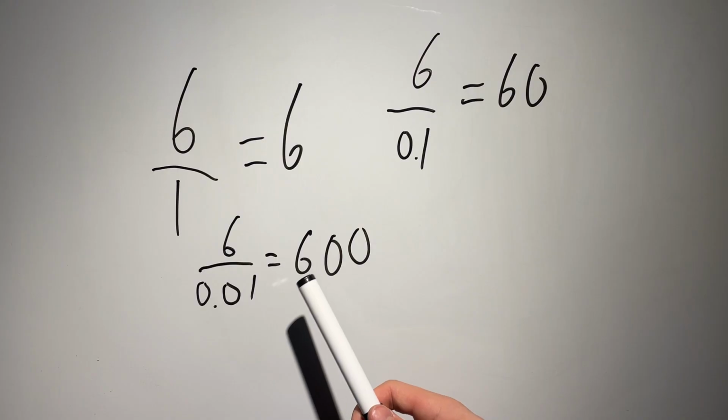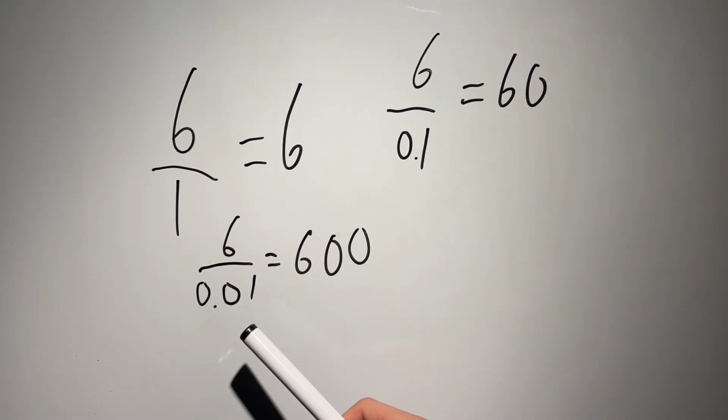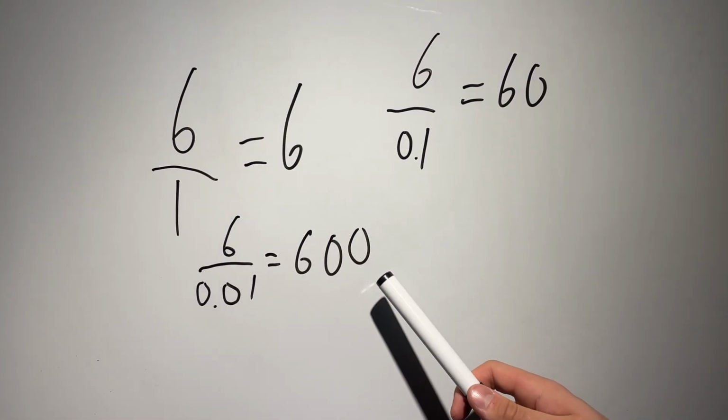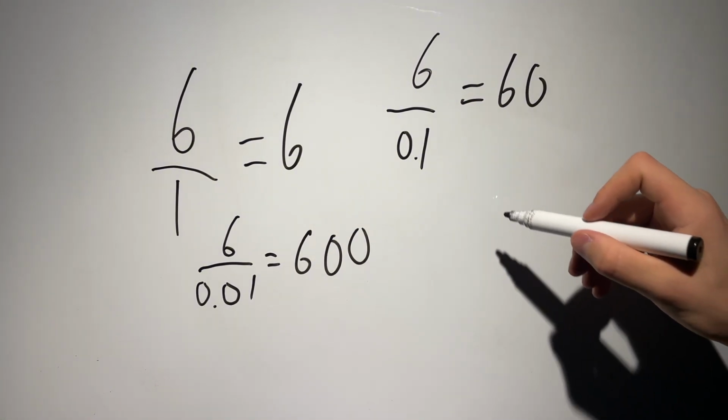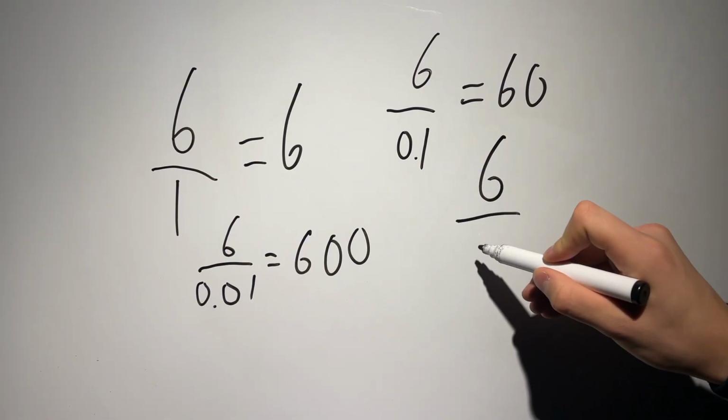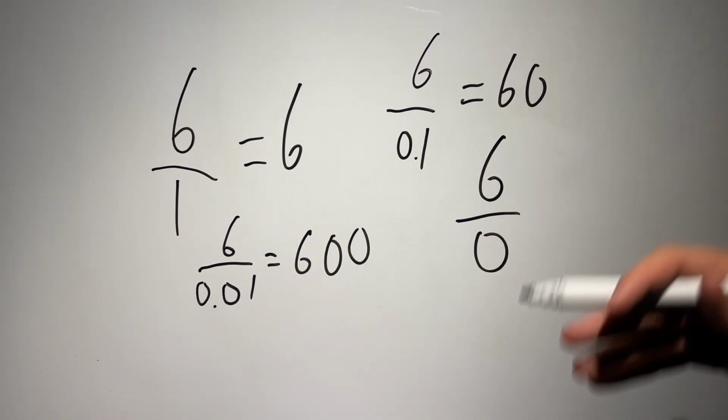As the number we're dividing by gets closer to 0, the result gets bigger and bigger, approaching infinity. But still, if we try to divide 6 by 0, things go crazy.